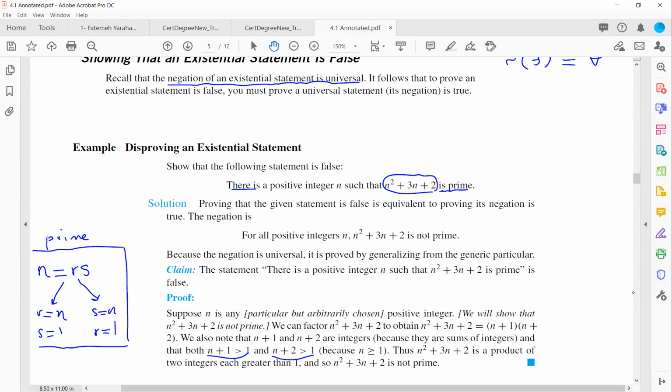Here you see that if you write n squared plus 3n plus 2 in factored form, it's equal to n plus 1 times n plus 2. And none of these two numbers are equal to 1. So n squared plus 3n plus 2 is not prime.